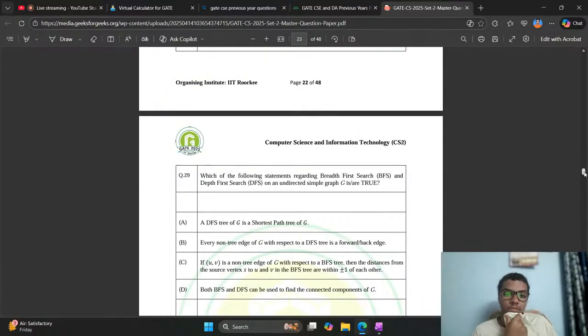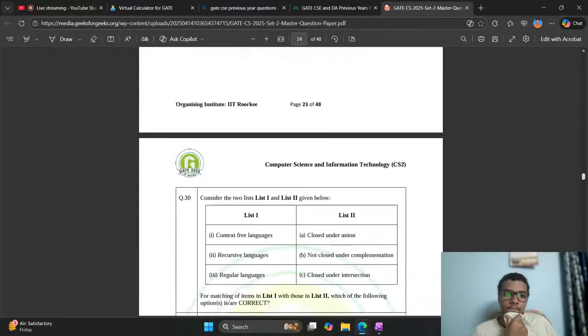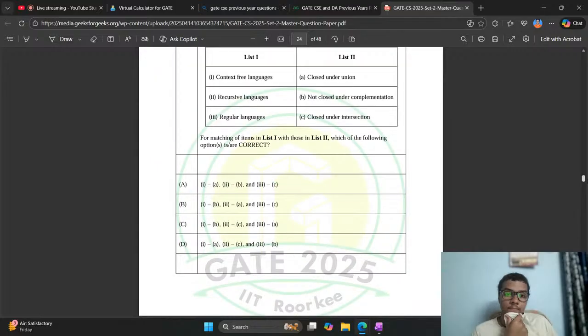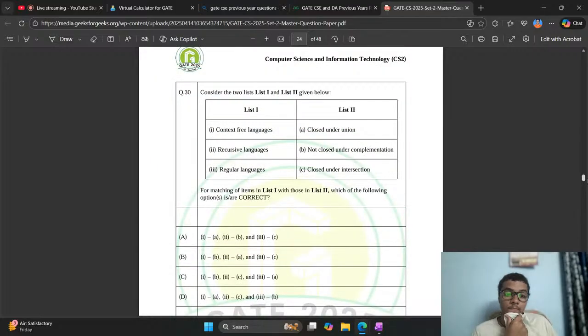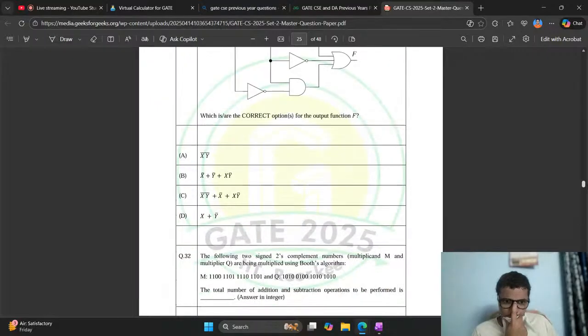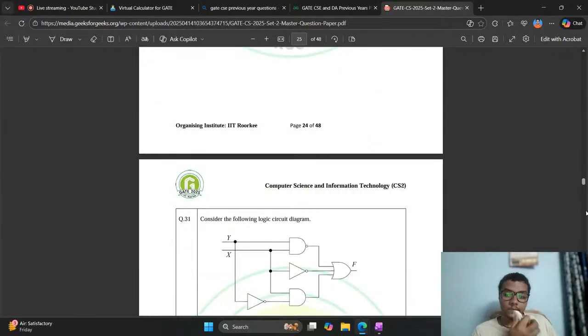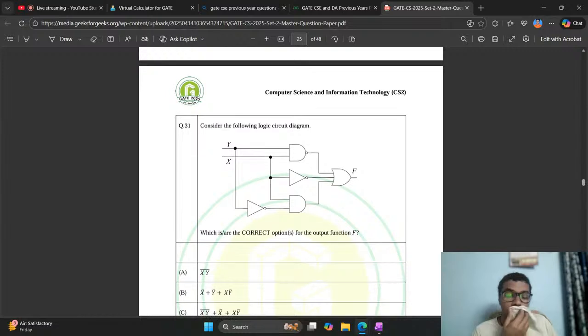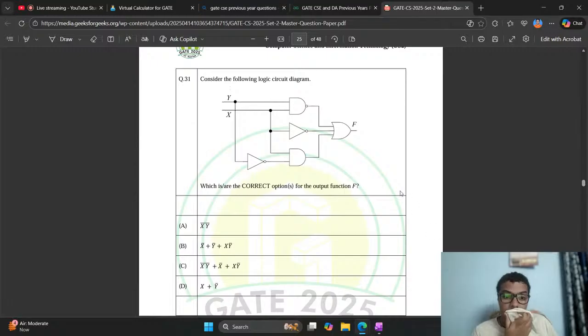We did most of these questions. So if you look at it, it is going to be xy and obviously xy plus x bar plus y bar x. Okay, that is correct.